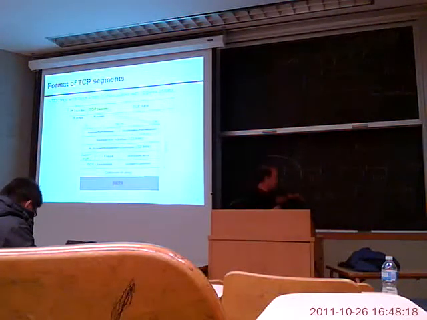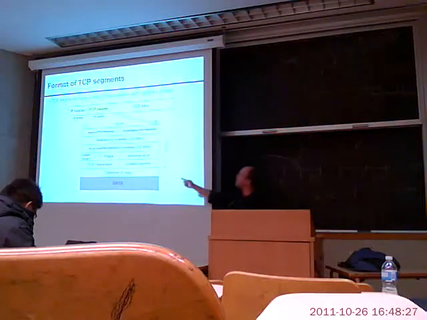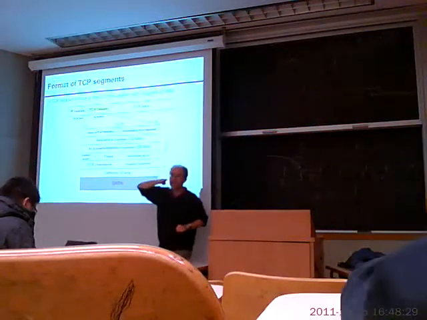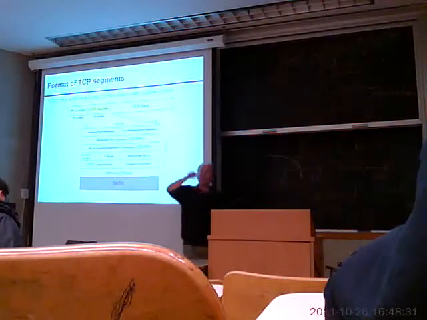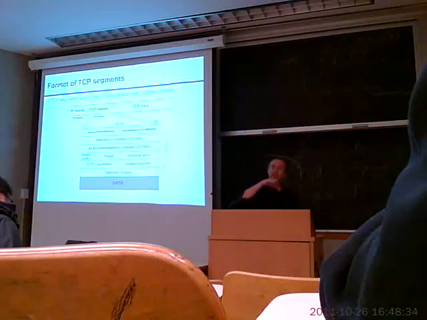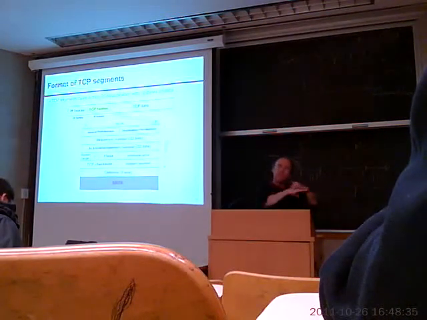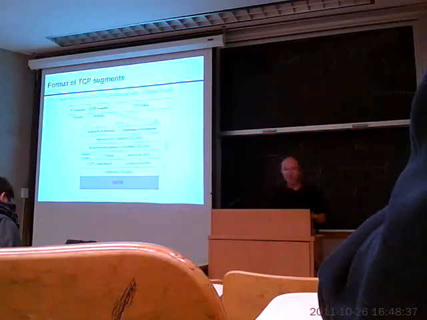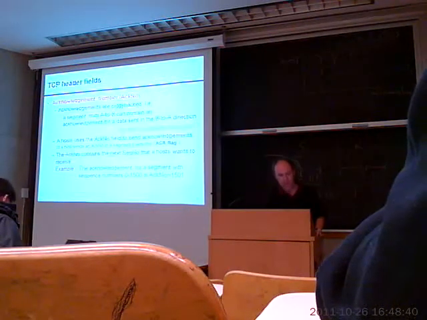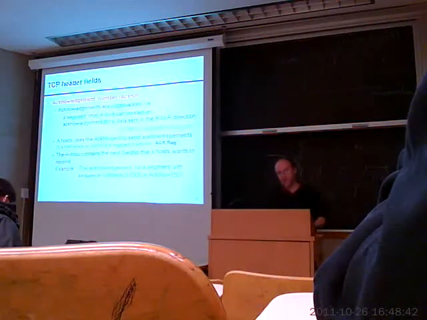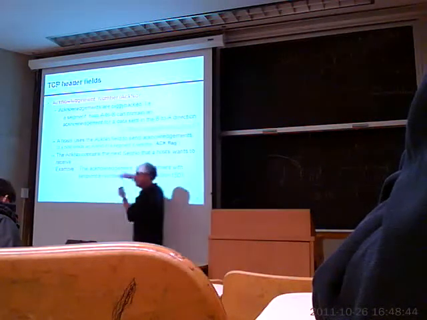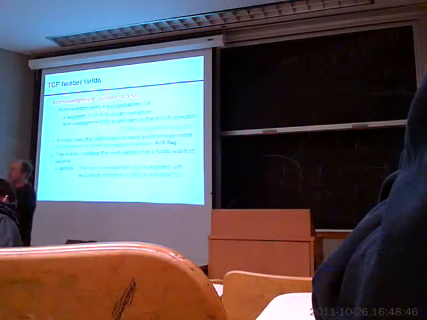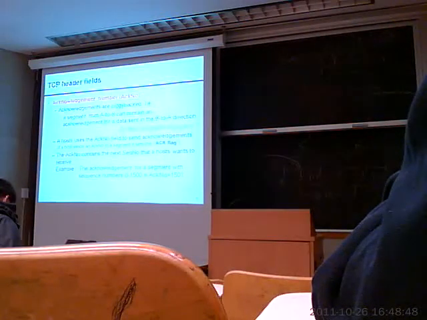The acknowledgement number in this packet would be an acknowledgement for data that the receiver sent to the sender. So if you send data and you set the acknowledgement number, you acknowledge the numbers in the reverse direction. That's called piggyback. You have heard that. If you didn't have that, you would need separate acknowledgement packets, so it's just efficient.